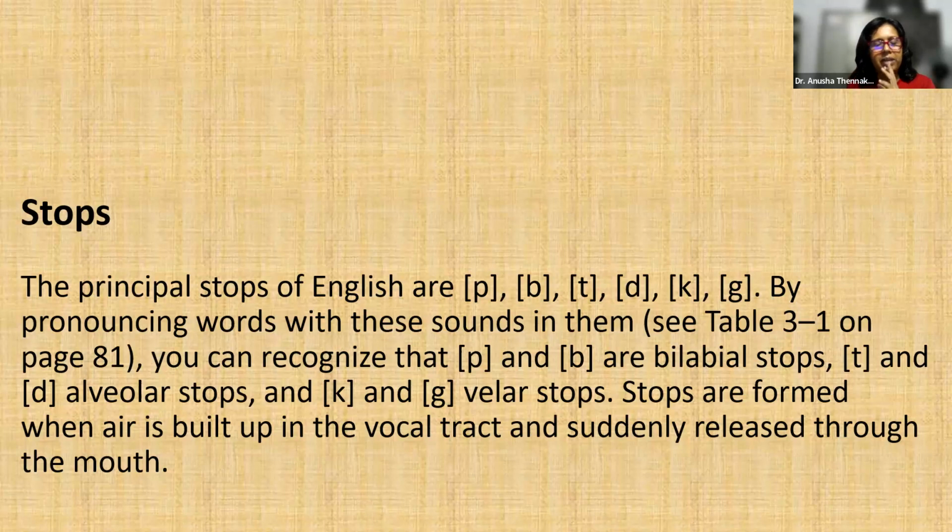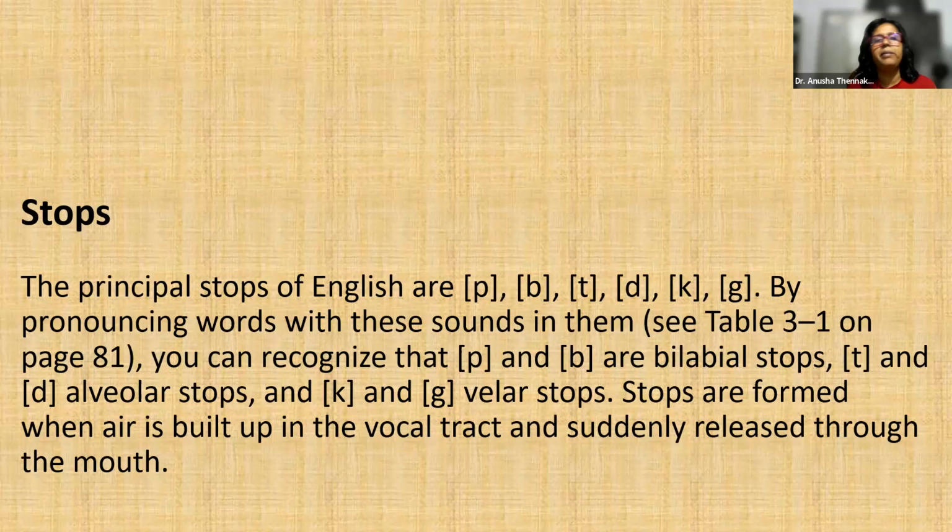Bilabial means using our lips. P, b. When we pronounce them there is a stop. The air will not go out. T and d are alveolar stops, that means the ridge behind the teeth, and k and g are velar stops.